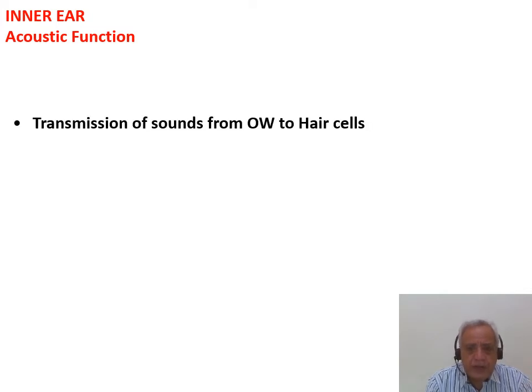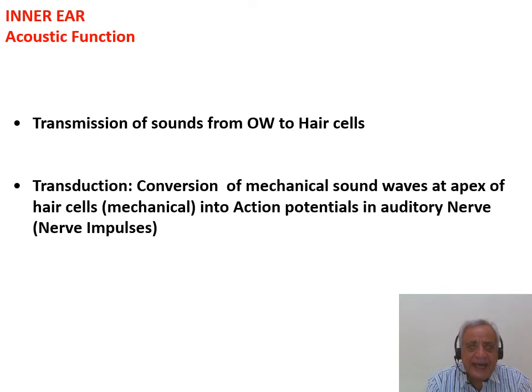The inner ear has the role of transmitting the sound which has reached the oval window to the hair cells, and then converting this mechanical sound to action potential in the auditory nerve, to nerve impulse. This process is called transduction. So we have transmission of sound and transduction of sound.